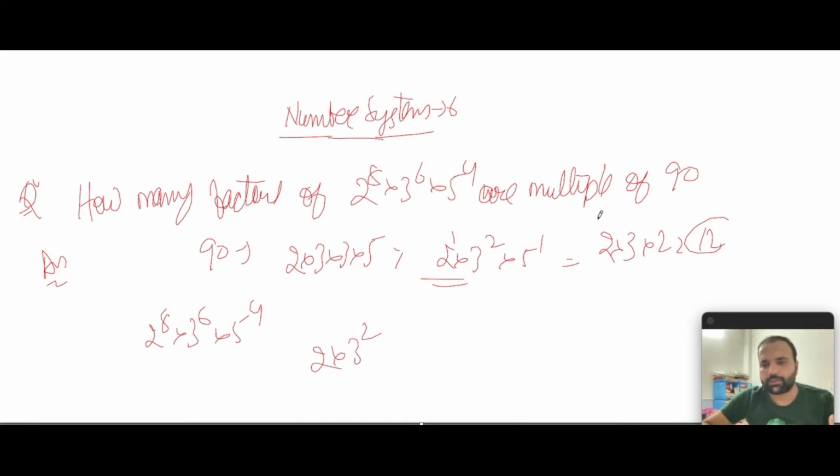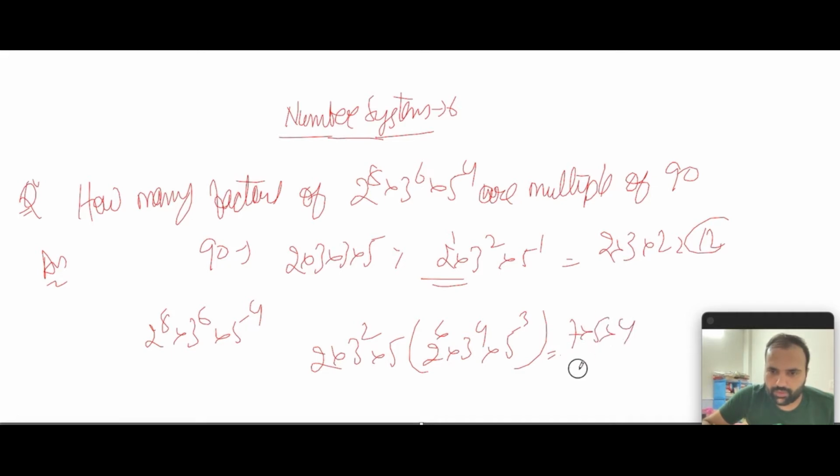An even number would be a multiple of 2. So a multiple of 90 would be a multiple of this part, and we can take it common out of here. So it should be 2 to the power 6 into 3 to the power 4 into 5 cube. So how many factors? We have 7 into 5 into 4 equal to 140.